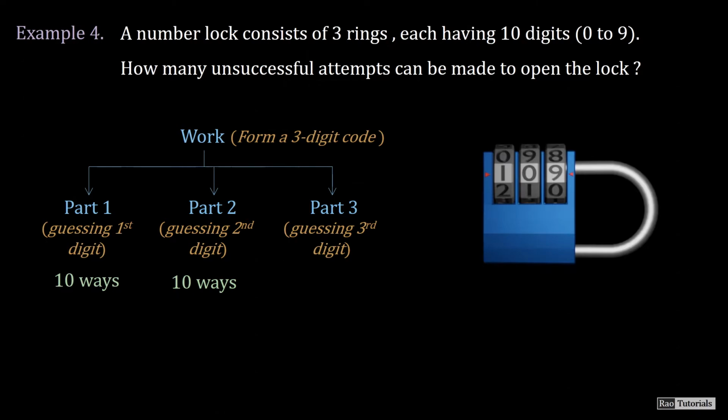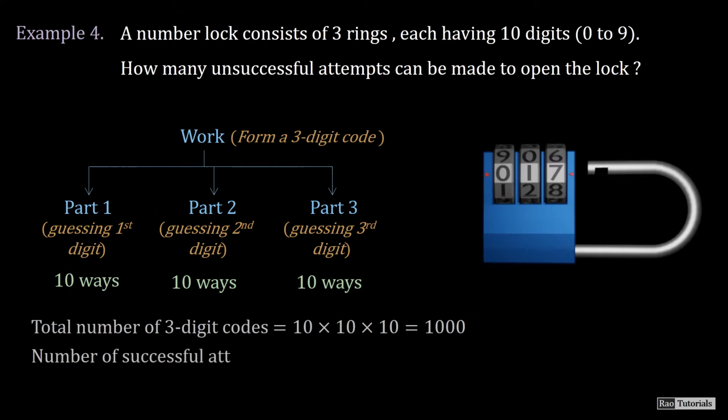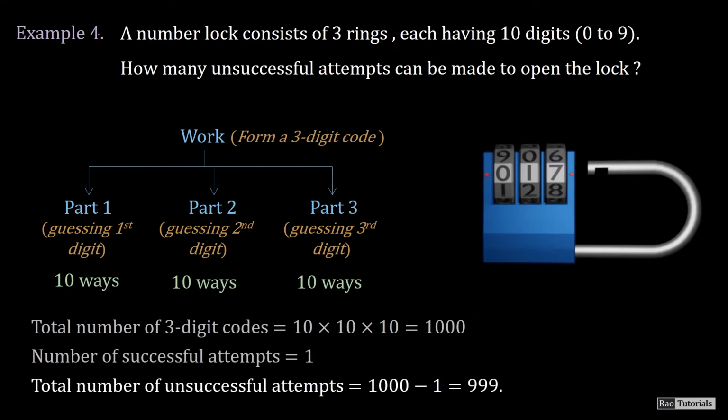Similarly, the third digit can also be selected in 10 ways. So by the counting principle, the total number of 3-digit codes that can be formed is 1000. Of these total 1000 combinations, there is only one which can open the lock and constitutes a successful attempt. So the total number of unsuccessful attempts is 1000 minus 1, 999.